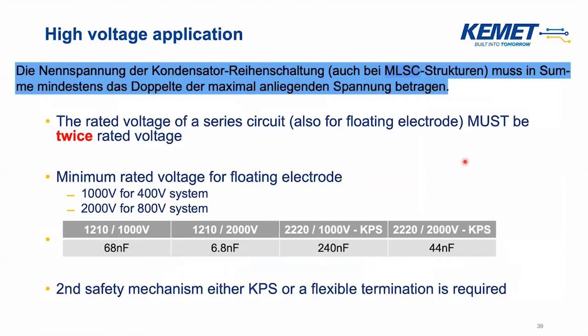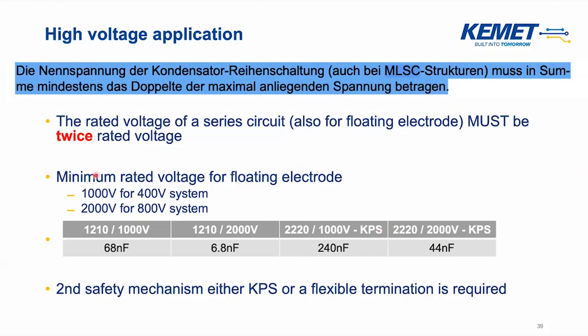The next thing I'm really happy to announce and promote is the high voltage application MLCC. That's really great. What the spec says is that the component voltage must be twice the rated voltage, and rated voltage in that case means the board net voltage.